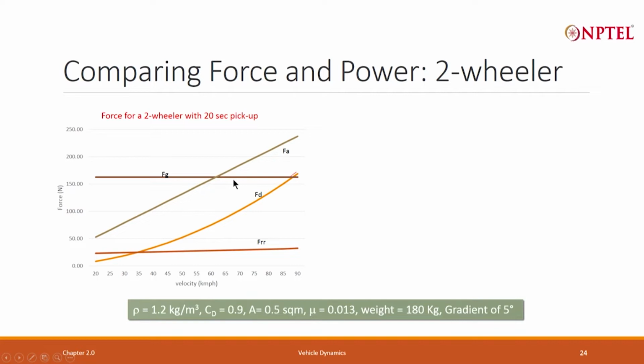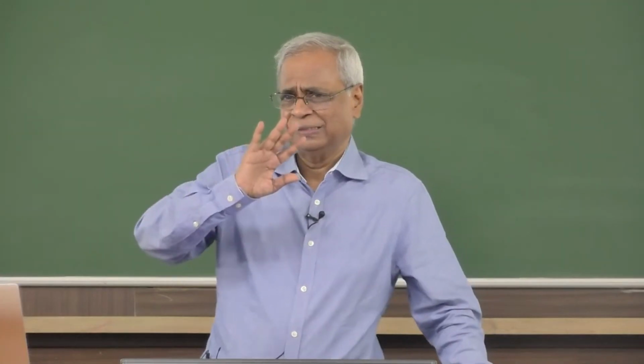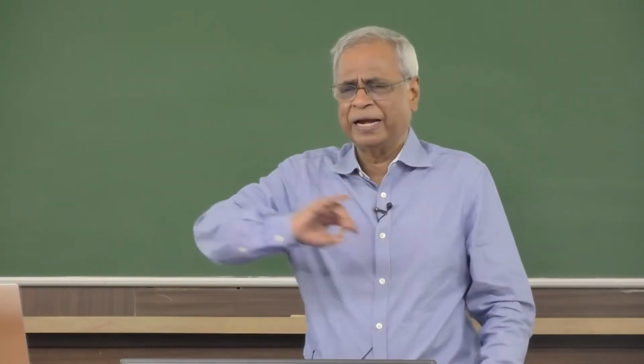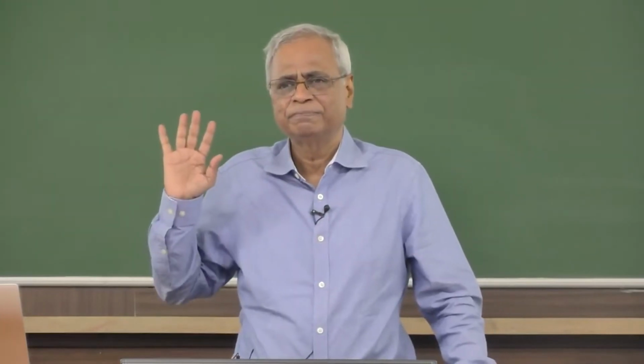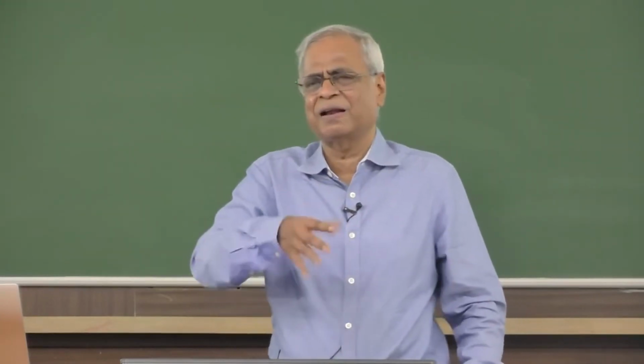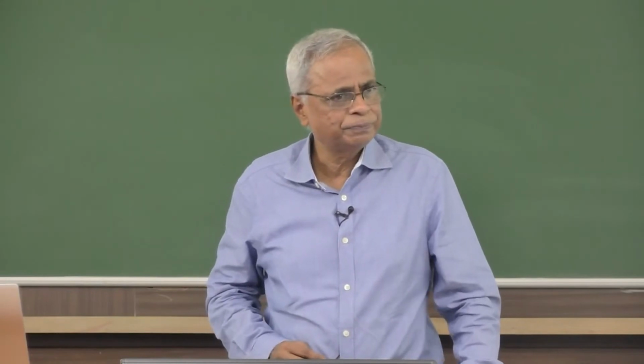If there is no slope, this is not there. But even a 5 degree slope can become a problem. And if you have higher slope like 8 degrees or 10 degrees, it can become very, very large. When there is a slope, it is the force due to gradient which will dominate. By and large, the others play a minor role.